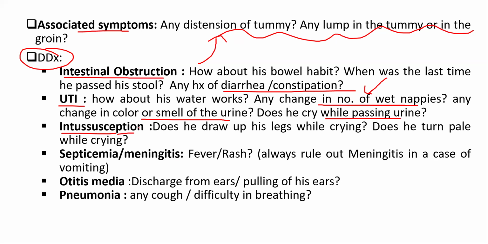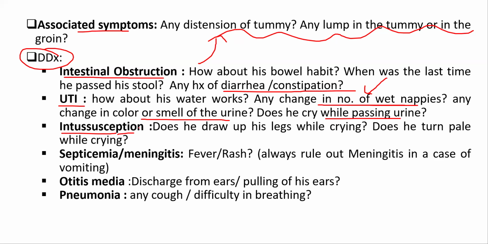What happens is that in intussusception, children will have episodic screaming episodes because they are in a lot of pain. And when they scream, they are in so much pain that they draw their legs up to the chest. It's not a constant thing, it comes and goes. And during these episodes, they also become pale.